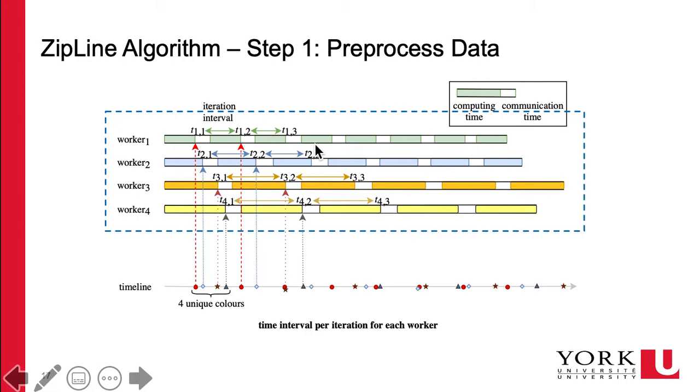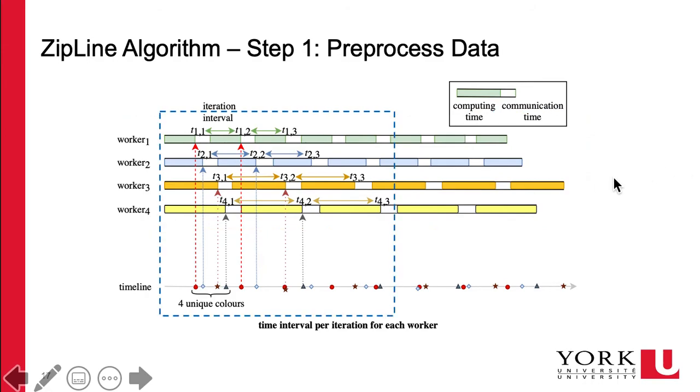Now, we assume that we already know the future iterations by estimation. Then we obtain this kind of matrix: each row is a worker in the cluster, and each column is the end of the iterations for each worker.